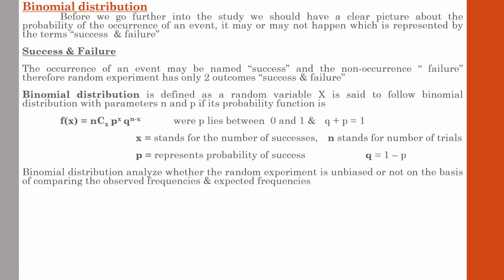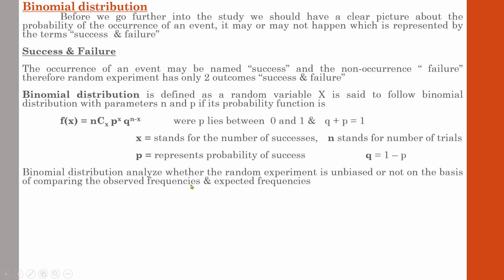Binomial distribution analyzes whether a random experiment is unbiased or not on the basis of comparing observed frequencies and expected frequencies. Our main problem with regard to binomial distribution is based on observed frequencies and expected frequencies. During the practical questions, we will discuss this in detail.